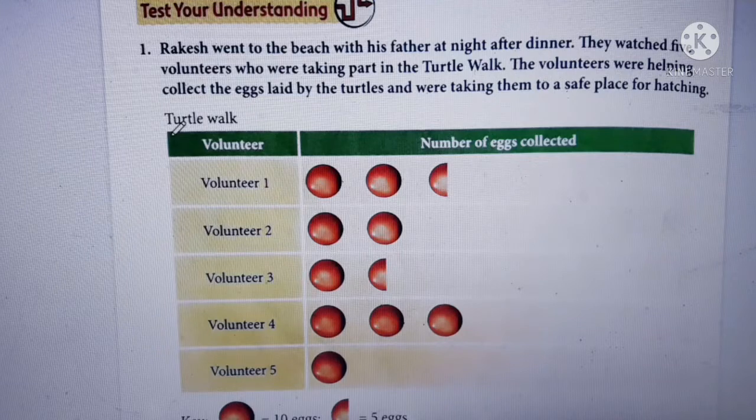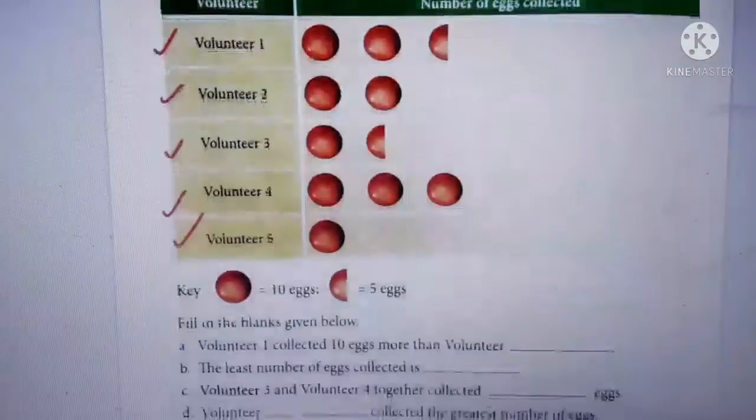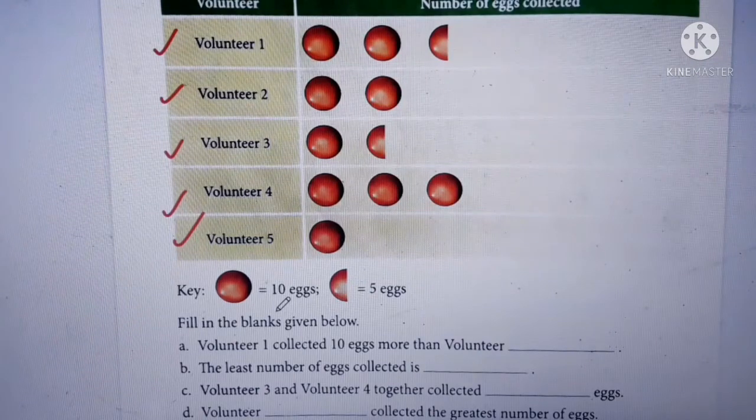So children, what is the title here? We are finding turtle walk. And what are the labels here? Volunteer 1, volunteer 2 collected how many eggs? Volunteer 3, volunteer 4, volunteer 5. And you know, if there is half, it means whatever the key of full is, then half will be, you know what the answer will be, right?